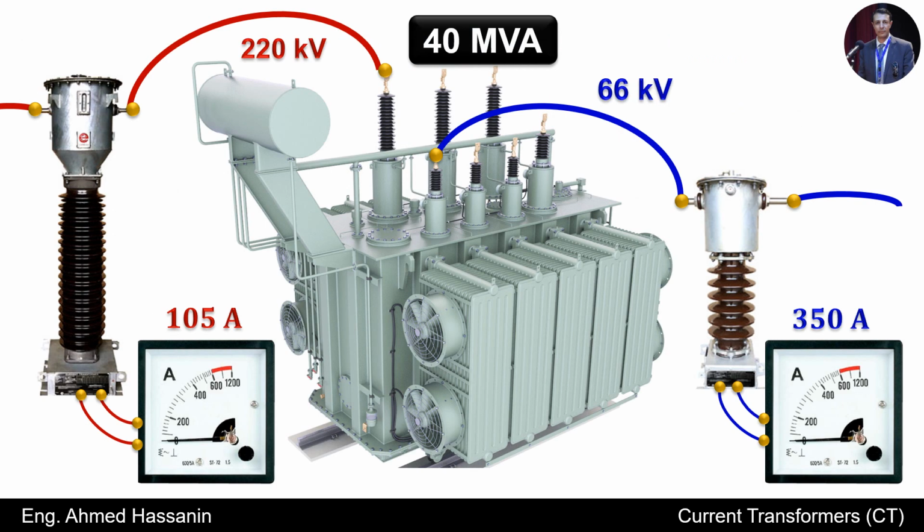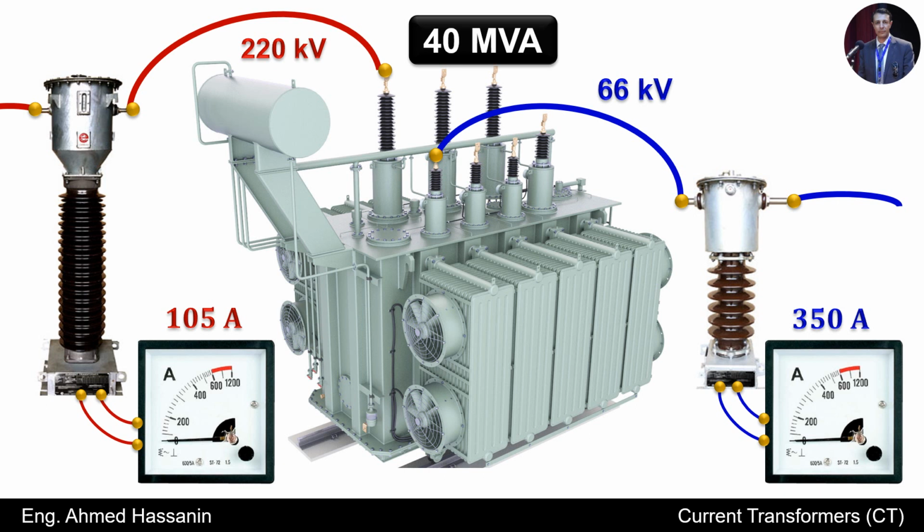Referring to our previous example of the power transformer, to measure the electric current on the primary and secondary sides, first, a current transformer must be placed on the primary side and its voltage is the same as the line voltage that will be installed. So, we put a current transformer of 220 kilovolts.